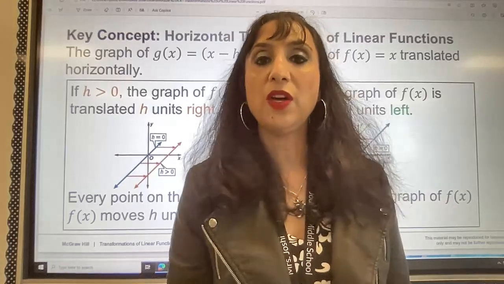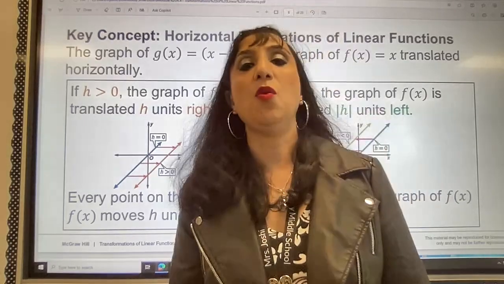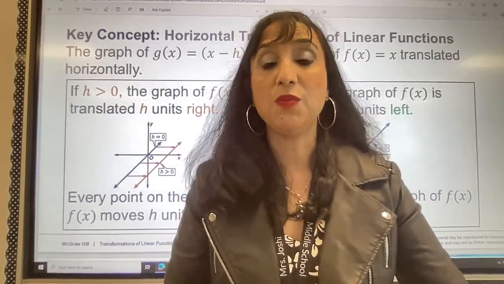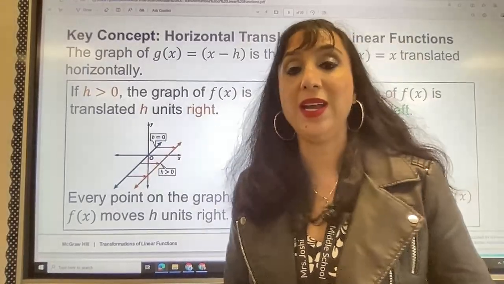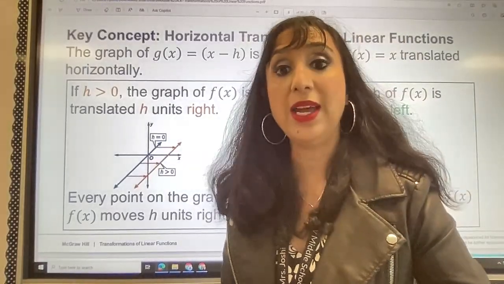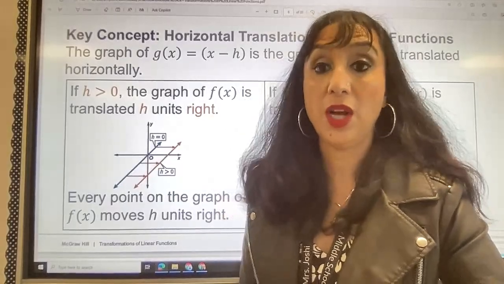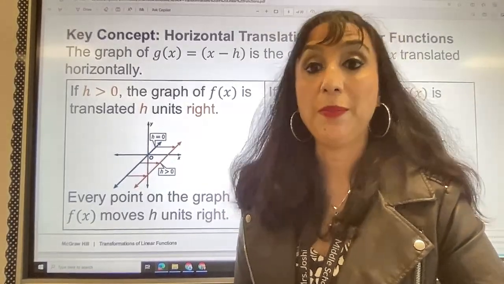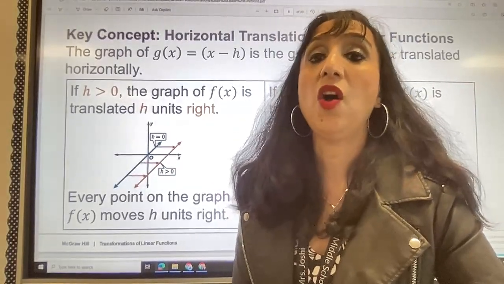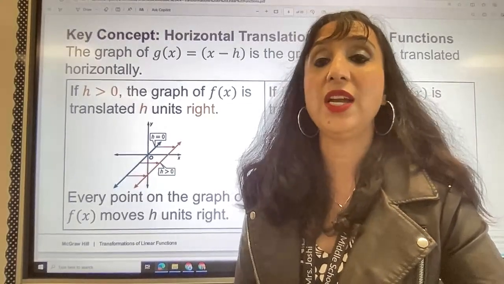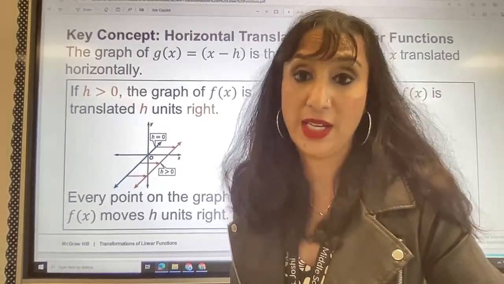So we just talked about vertical translations where the graph is moving up or down, based on whether the constant is greater than 0 or less than 0. That's how it is shifting. But in a horizontal translation, it is moving either left or right.